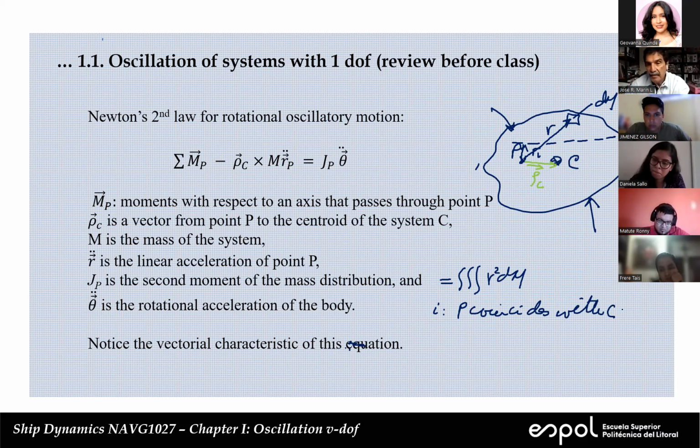So rho sub C would be 0, and we wouldn't have this term here.